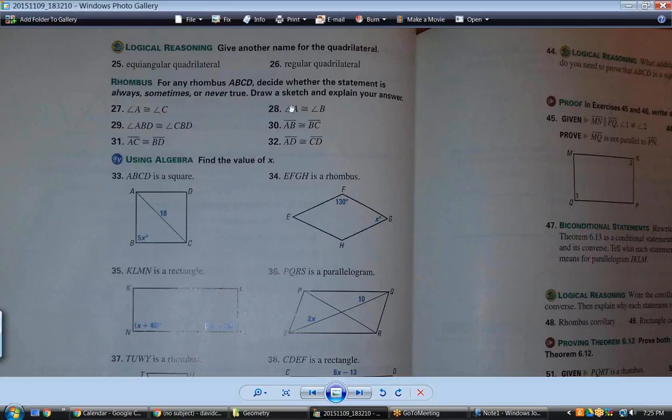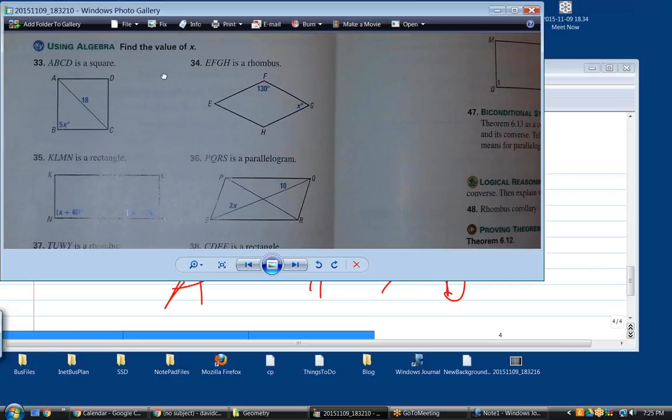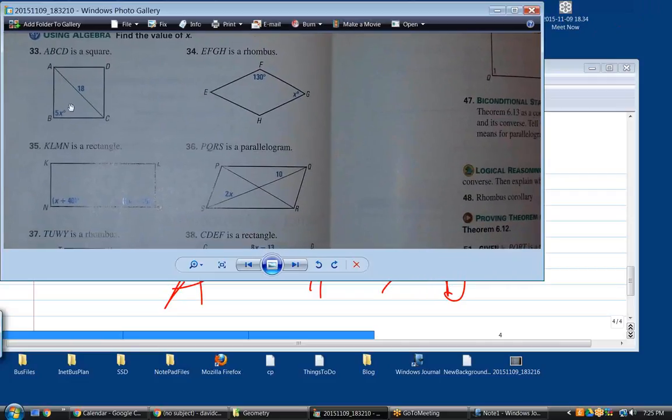Cool. Let's talk about rhombuses a little bit. Now let's go down and use some of this. Let's do a little algebra. That's a square. What's x? Would you set 5x equal to 360?